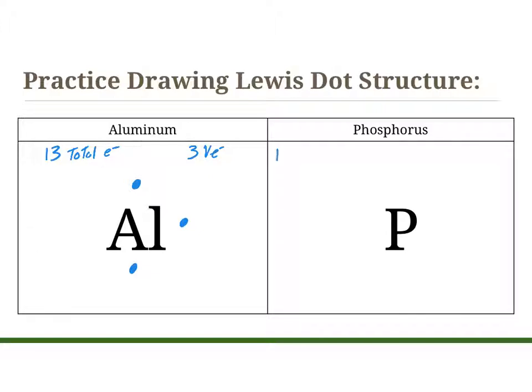It has 15 total electrons. How many valence electrons? 5 valence electrons. When I draw this structure, it looks like this. 1, 2, 3, 4, 5. Note that I spread them out and then I doubled up.